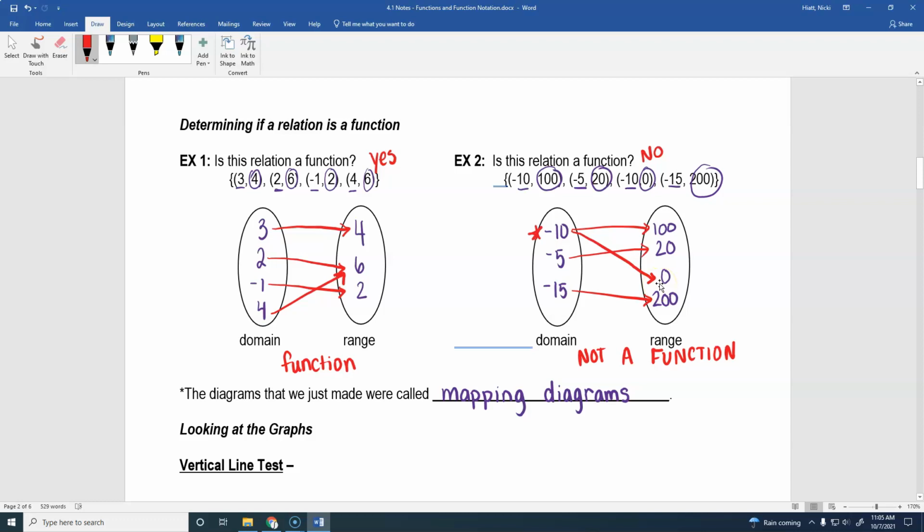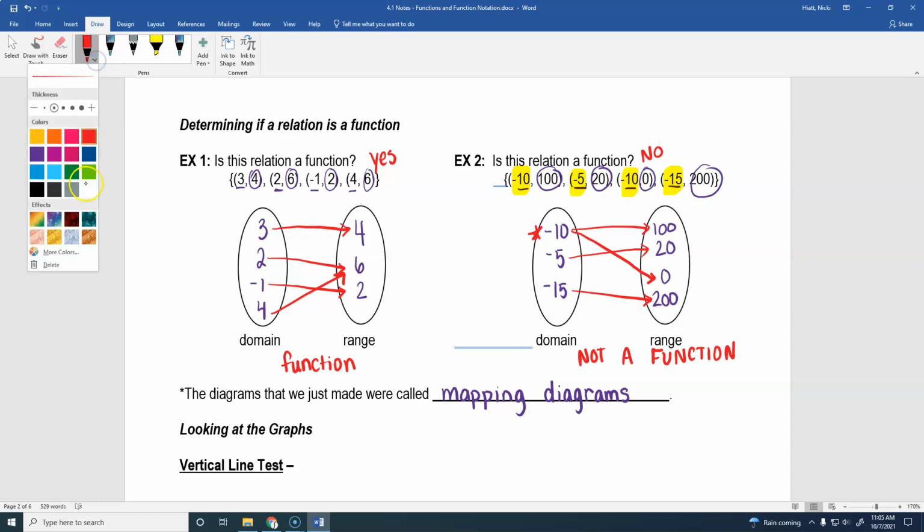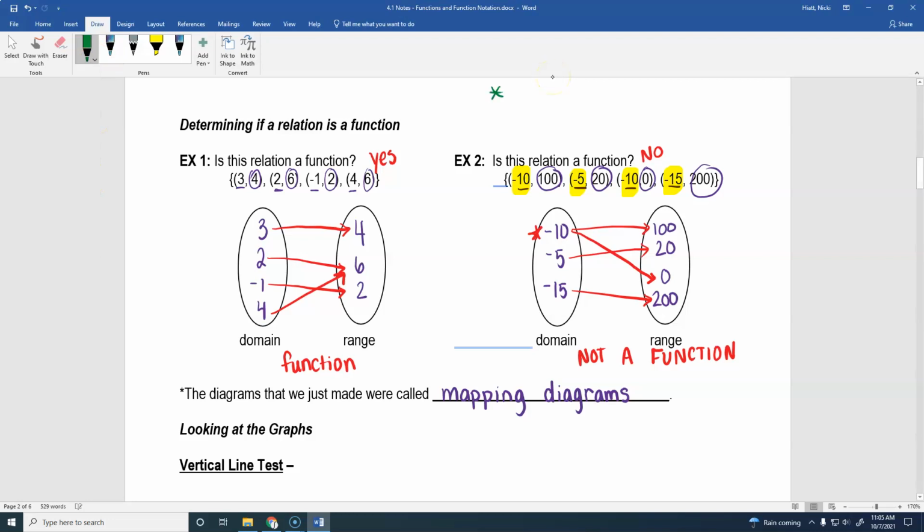Another way we can think about this, when we're looking at that domain, what could you tell me just looking at that list, without even making the chart, that lets me know, hey, this is not going to be a function? Okay, an x value is repeated, right? So you might want to make yourself a little note of that over here somewhere.